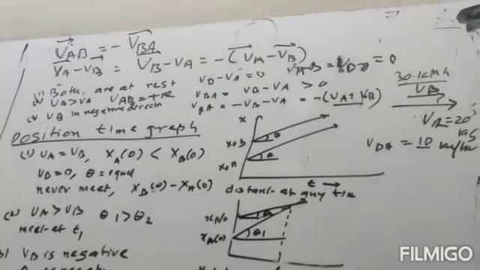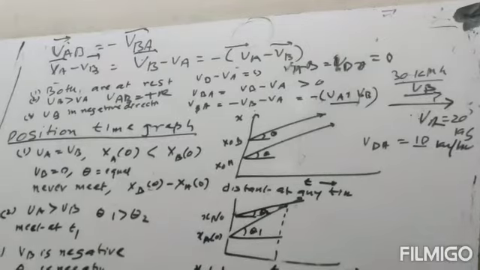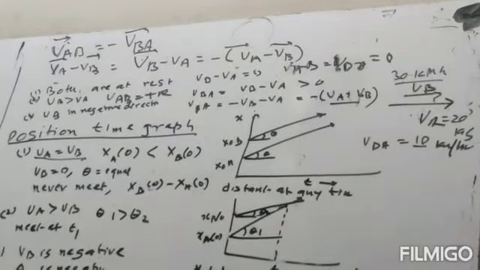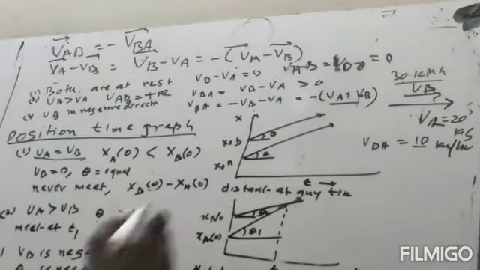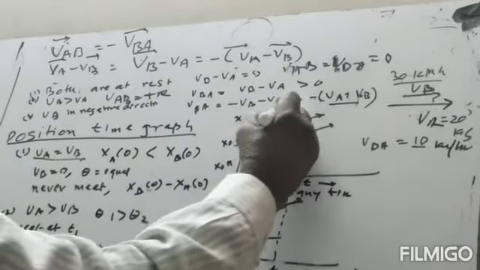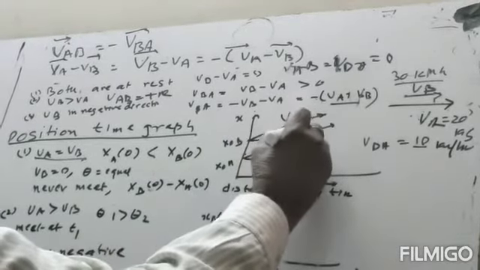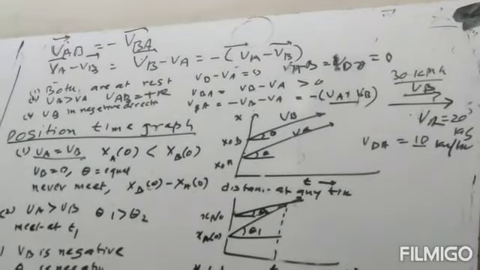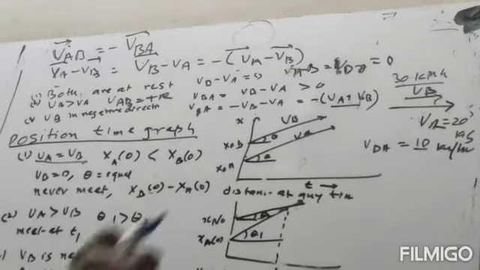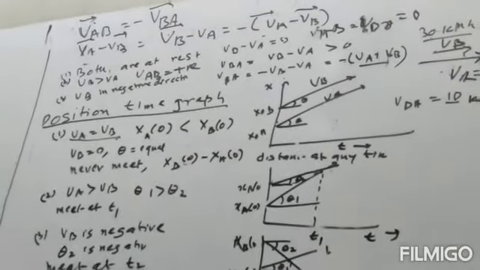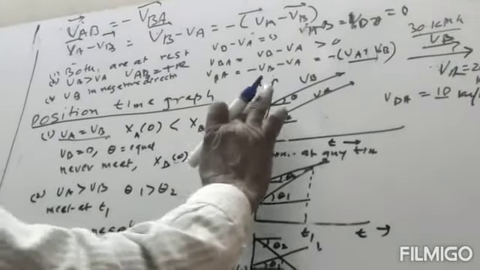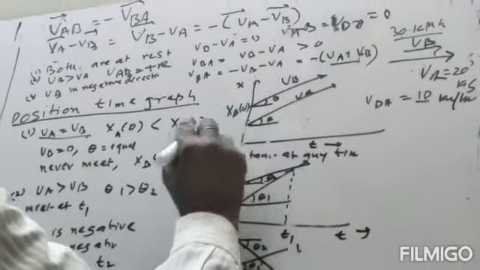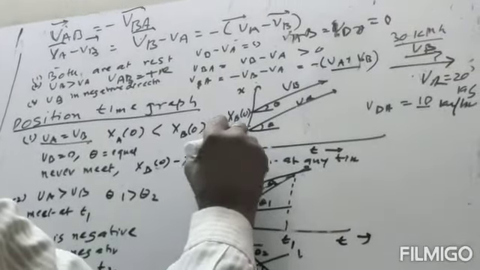Now we will have the position time graph. First case, when the velocity of A and B are equal, the position at time t is equal to 0, A is here, B is here, his velocity is VB, his velocity is VA. Now the velocity is same, the position is not same, starting positions are xB0 and xA0.